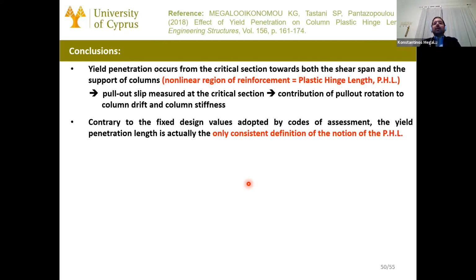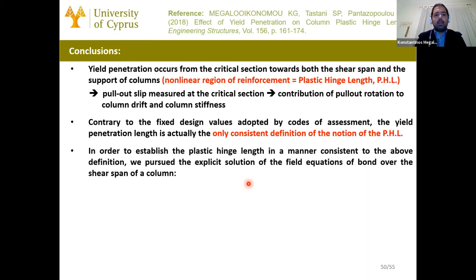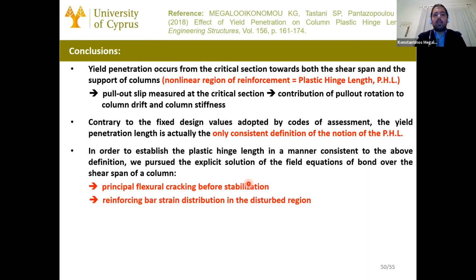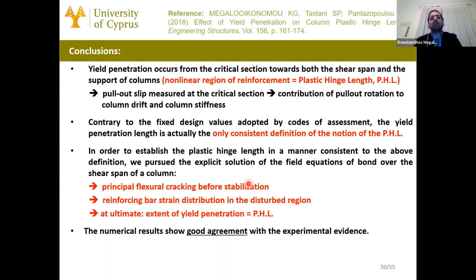And contrary to the fixed design values, the heel penetration length is actually the only consistent definition of the notion of plastic hinge length. We define the principal frictional cracking through the proposed algorithm, the strength distribution in the disturbed region, and the extent of heel penetration, and the numerical results showed good agreement with experimental evidence.